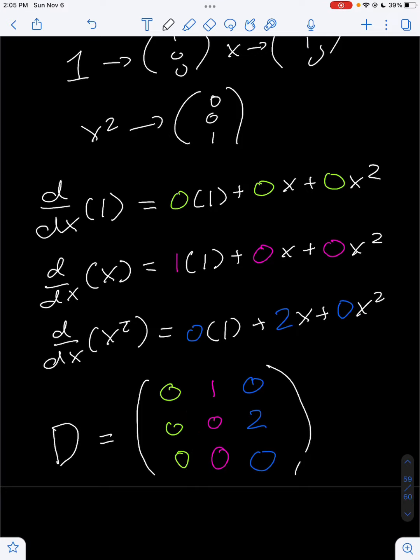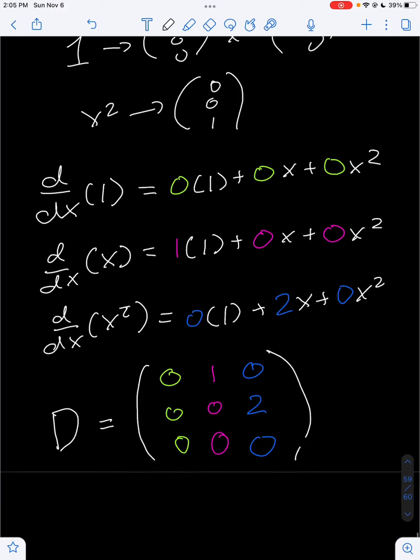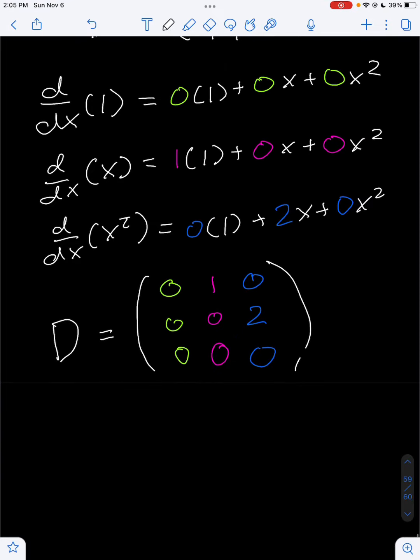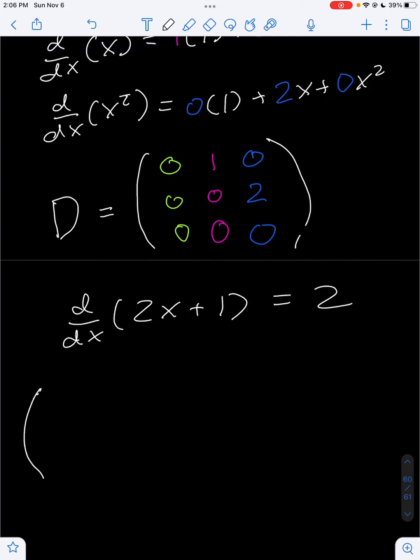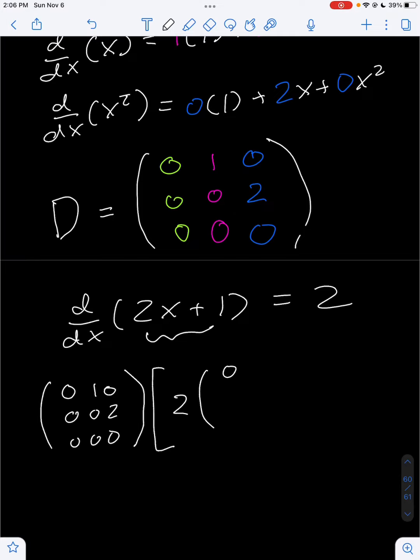And to see that this derivative as a matrix actually makes sense, let's actually use it. So you know that the derivative of 2x plus 1 is going to be equal to 2, right? So in matrix form, it's going to be D, [0, 1, 0], [0, 0, 2], [0, 0, 0], acting on 2x plus 1, which is going to be 2 times [0, 1, 0] plus 1, which is going to be [1, 0, 0].